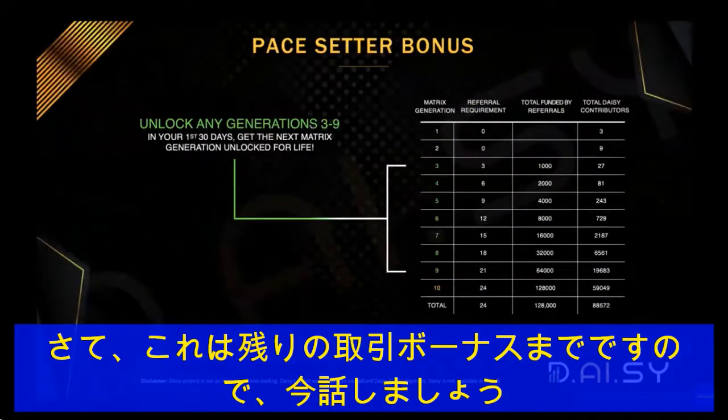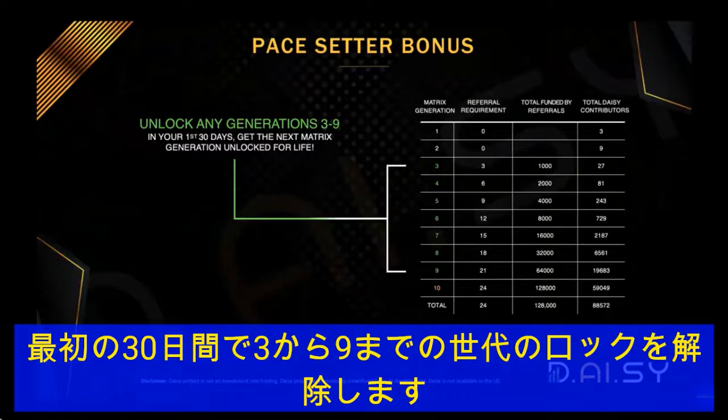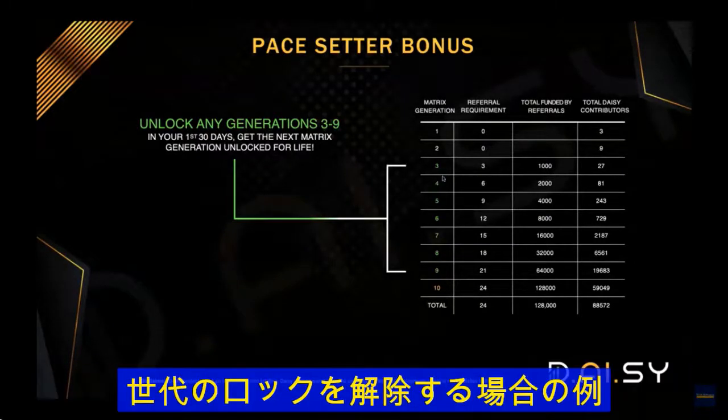So now let's talk about the Pacesetter bonus. If you unlock any generation from 3 to 9 in the first 30 days, you will get 1 generation for free. Let me give you an example.